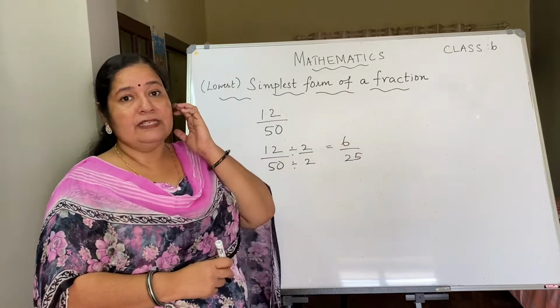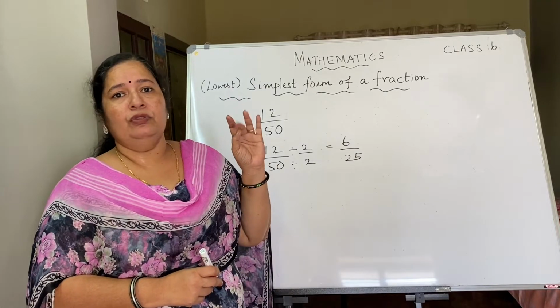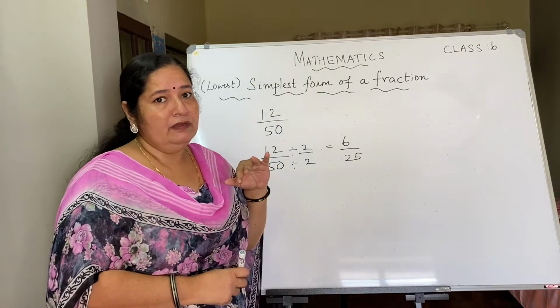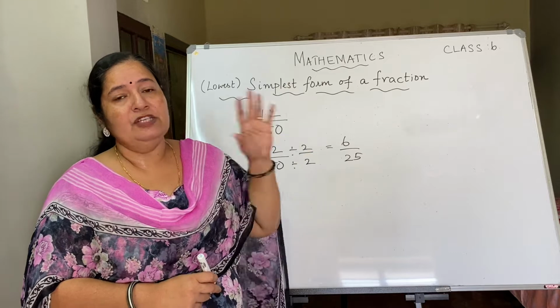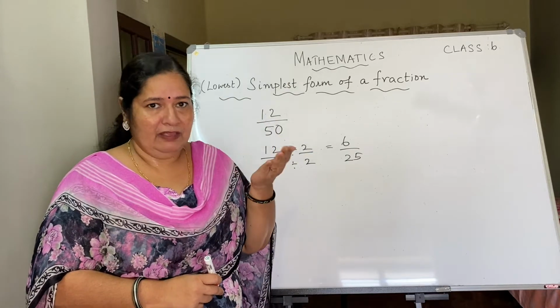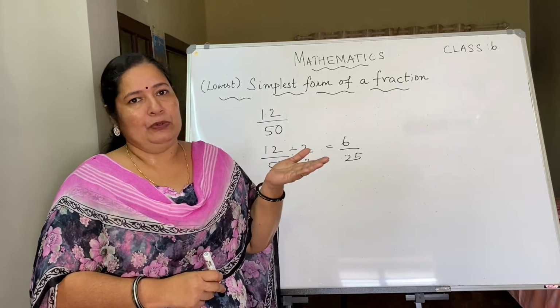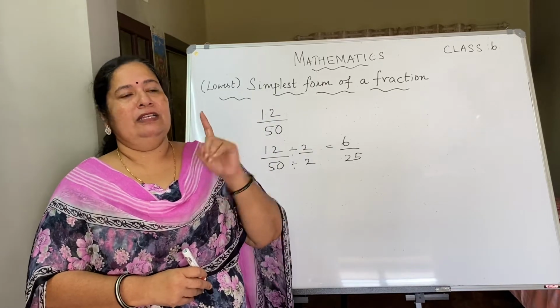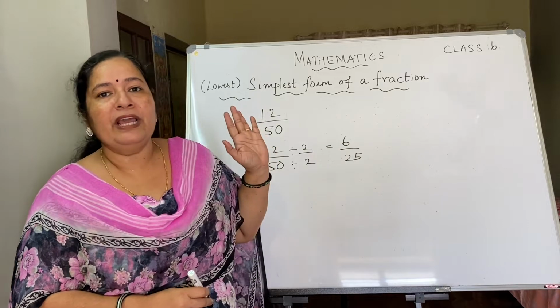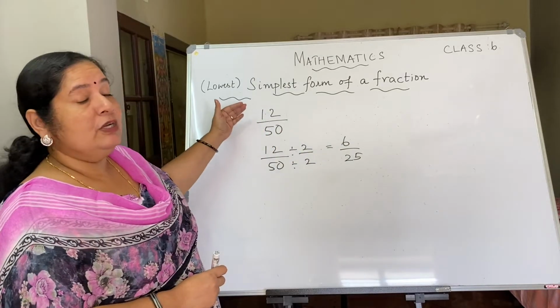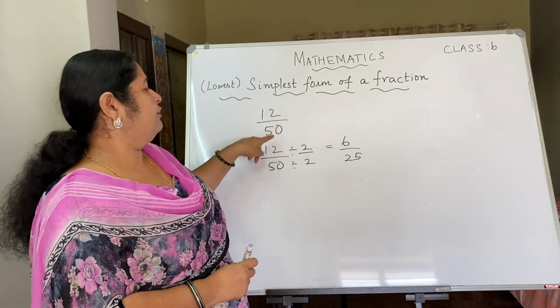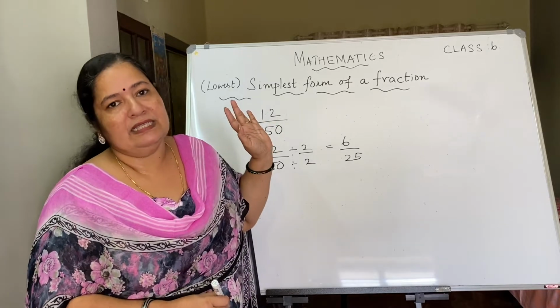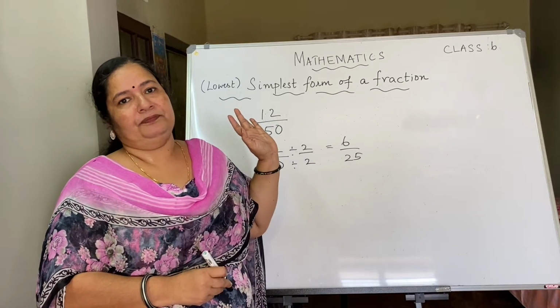What are the factors of 6? 1, 2, 3 and 6. 25: 1, 5 and 25. So do they have more common factors? No, they have only 1 as their common factor. So 6 and 25 are coprimes. So the reduced or simplest or lowest form of 12 by 50 is 6 by 25.